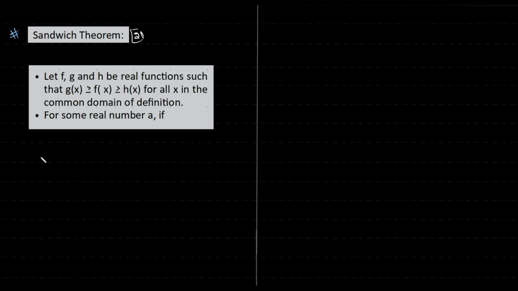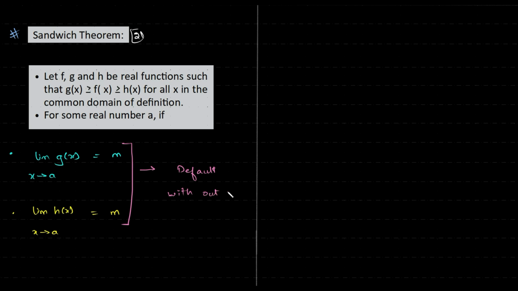By chance, if the limit of g of x as x tends to a is equal to a constant, and the limit of h of x as x tends to the same value a is the same, that is, we are getting the same answer with both of them, then what can we conclude about f of x? What will happen? Without any calculation, we can conclude the following.